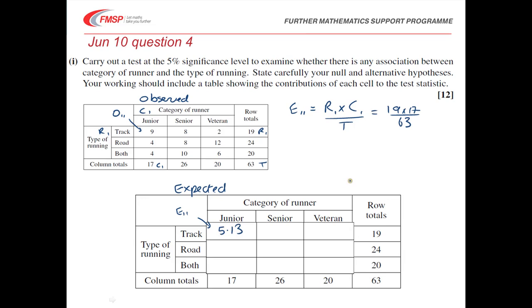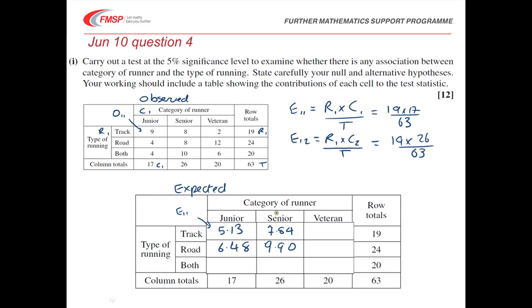Okay, we can do the same for senior, same calculation, and that's going to give me 7.84. I'll convince you of that. So that's E12 is going to be row 1 times column 2 over grand total. So it's going to be that one. I'm then going to work out these two, and if I do that in the same way, that's going to give me 6.48 and this is going to give me 9.90.